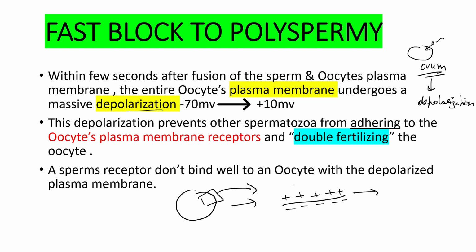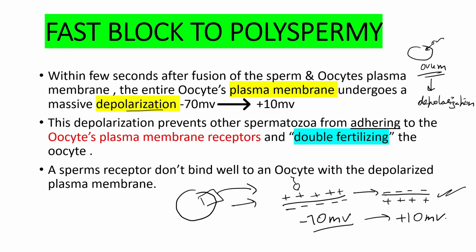But as the sperm strikes the ovum, it depolarizes, and the outer membrane carries a negative charge and the inner membrane a positive charge. This condition is known as depolarization. Initially it was negative 70 millivolt, and then it converts into positive 10 millivolt.